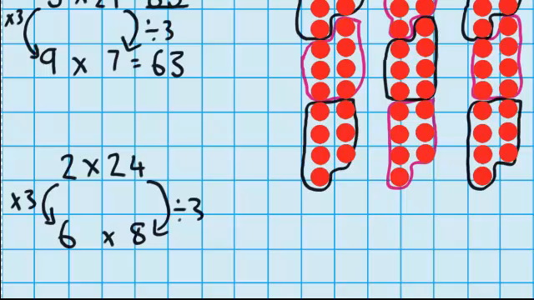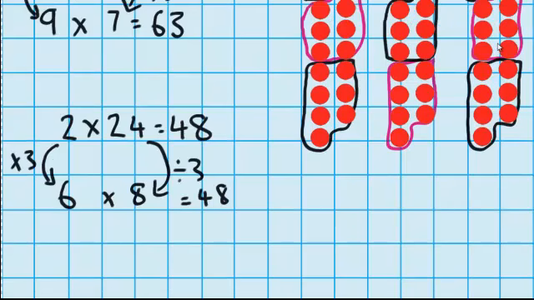Now I know the answer to 6 times 8 is 48, so the answer to 2 times 24 must be 48.